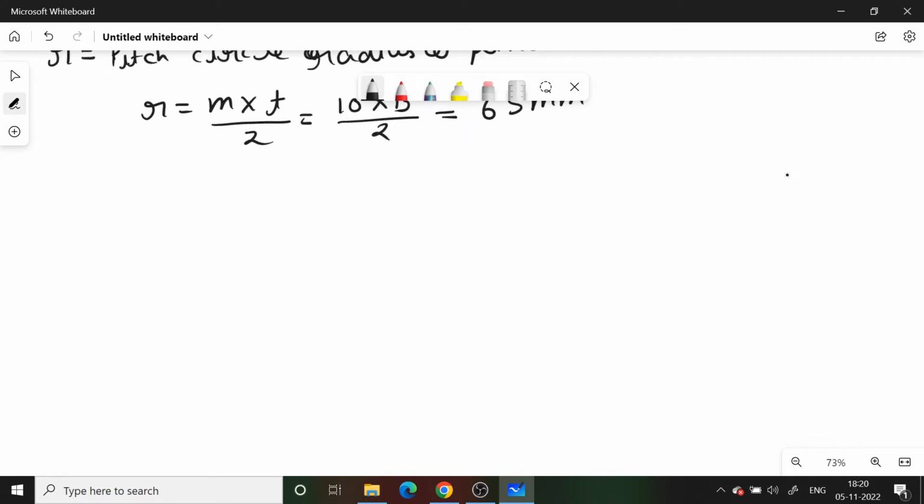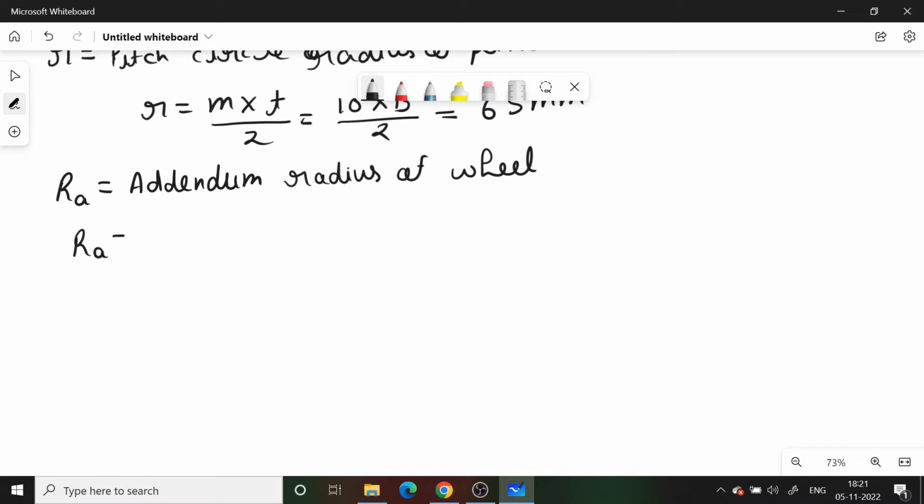Now let RA be the addendum circle radius of wheel.